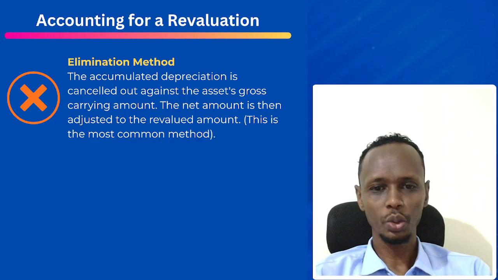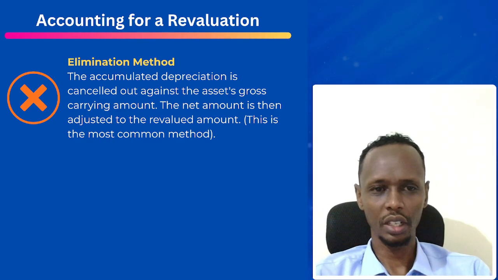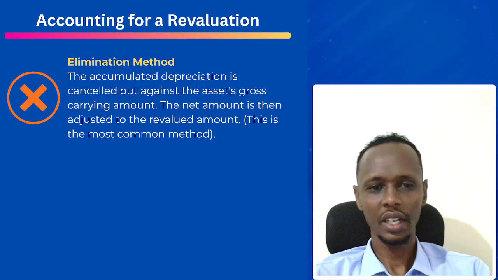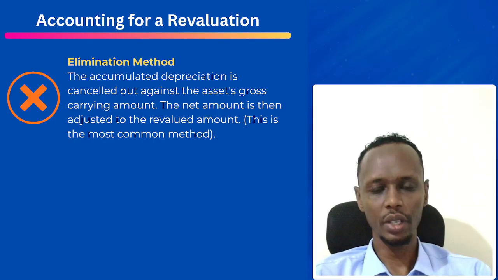We will go to our next example under lesson 7, but before that, we need to understand how we account for revaluation. There are two methods. First, the elimination method: the accumulated depreciation is cancelled out against the asset's gross carrying amount, and the net asset is then adjusted to the revalued amount.